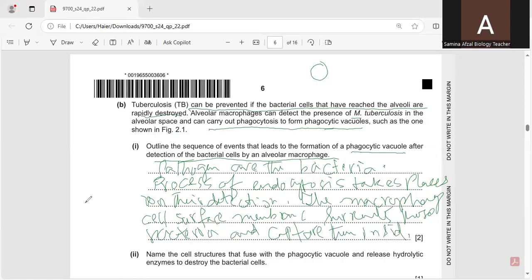As you can see, the membrane will move inside and catch them inside. So the process of endocytosis will take place.